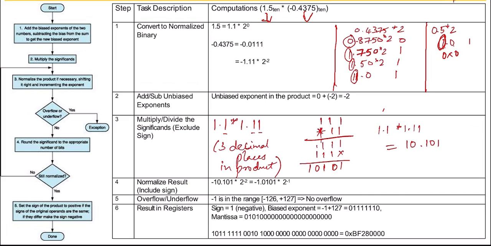For negative 0.4375, to convert it, I've written it here, but I'm going to write it down here. You just multiply the 0.4375 by 2. The answer is 0.8750. So we know that 0 is part of our answer. Now we multiply the 0.8750 by 2 and get 1.750, which means 1 is part of our answer.